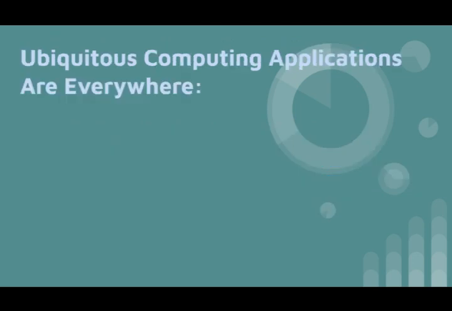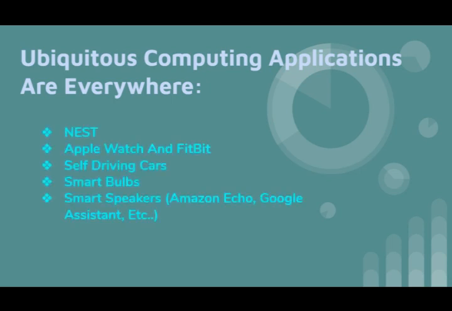The second point is that ubiquitous computing applications are everywhere. You will also learn the different types of applications of ubiquitous computing. Some examples are Nest, Apple Watch and Fitbit, self-driving cars, and smart bulbs. As I said before, it is particularly related to IoT, which means it is an integrated part of different sensors that collect data and make one fully automated system by giving the five properties.